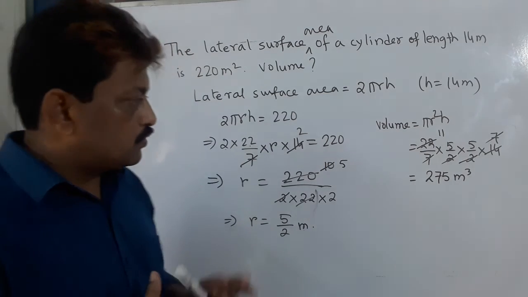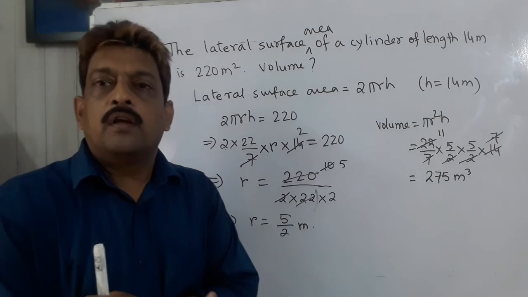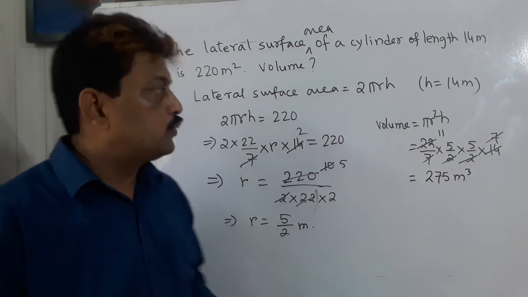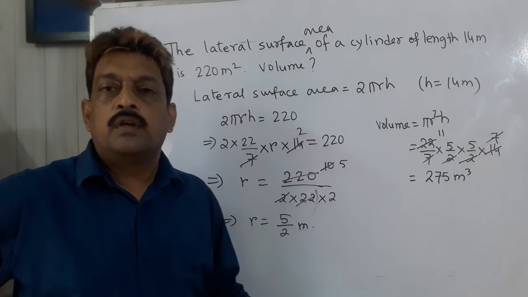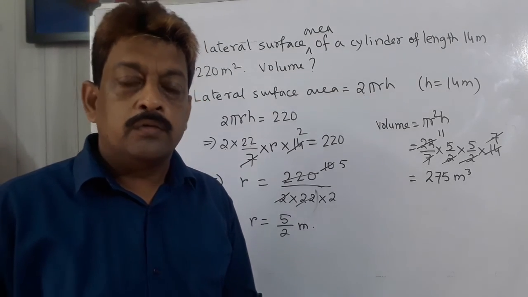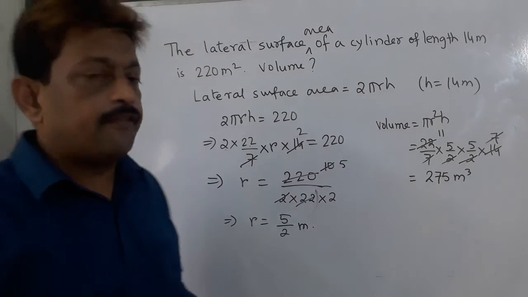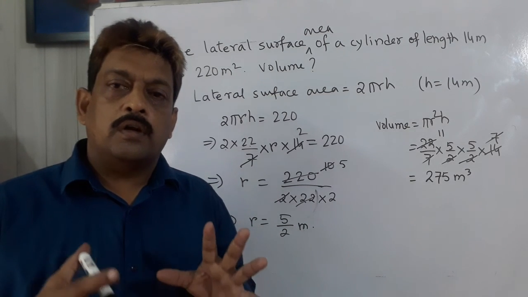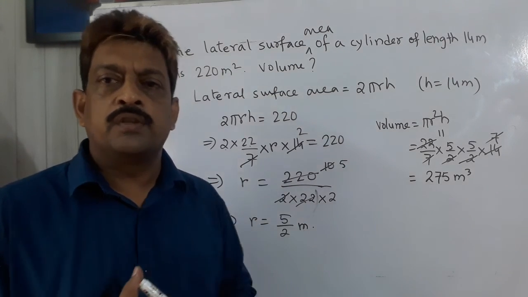Okay, so in this way we can apply our concept of volume and surface area to solve different types of problems. We have solved so many problems by now, and I hope after practicing these sums you can solve any other sums based on this type.